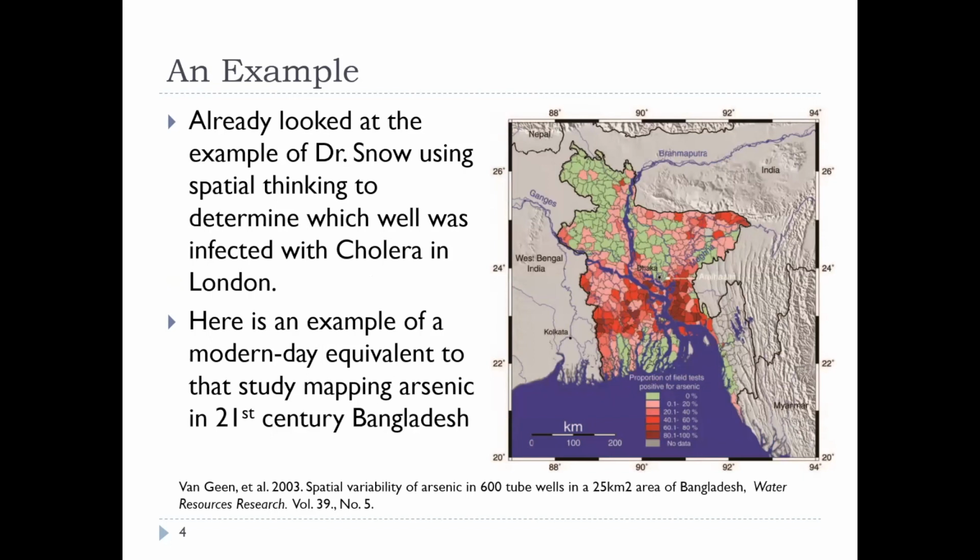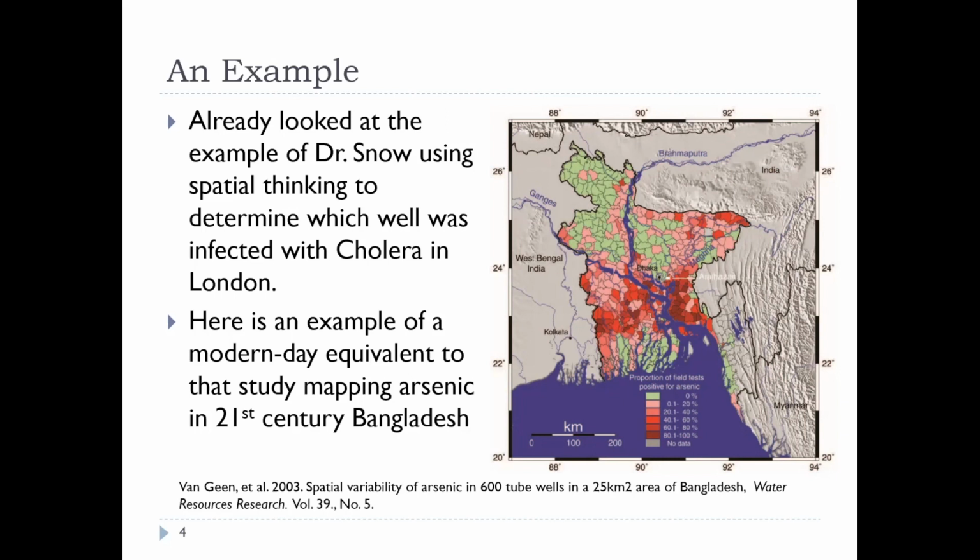So we already talked about the example of cholera and Dr. Snow in London. Here's another example, a more modern-day one. This was from a paper by Van Geen in 2003, using a geographic information system, or a computerized mapping process, instead of just mapping it on a piece of paper like Snow did.